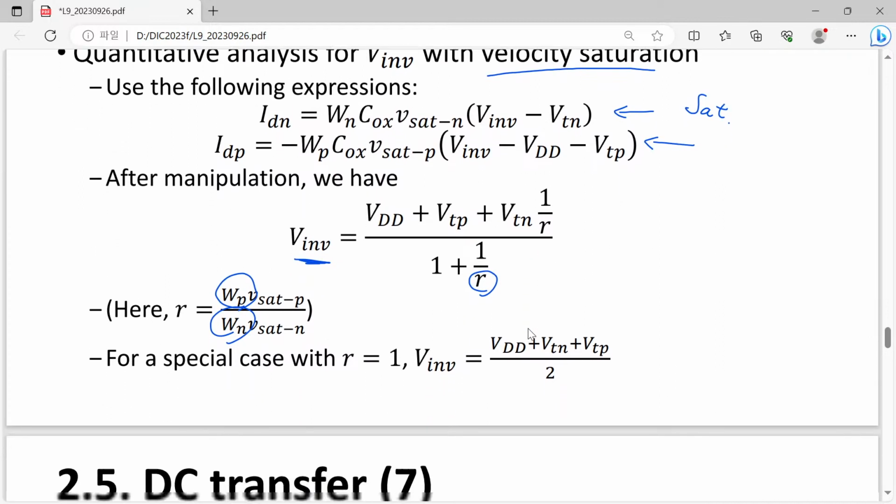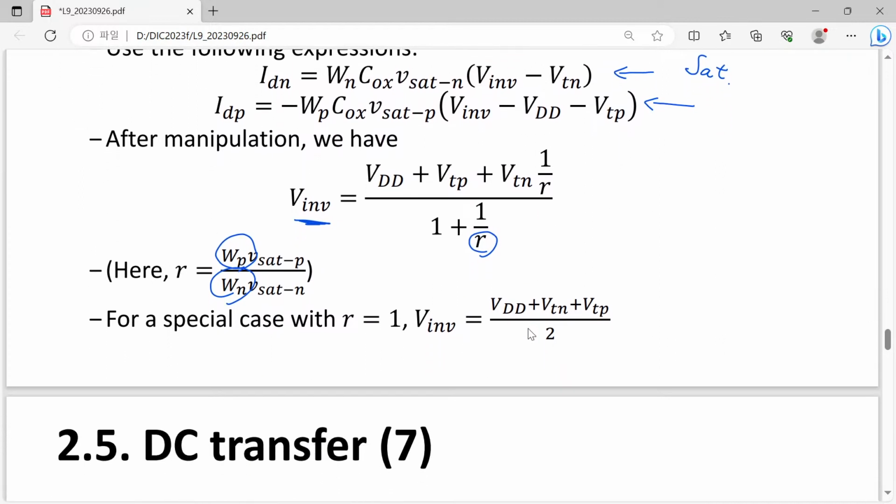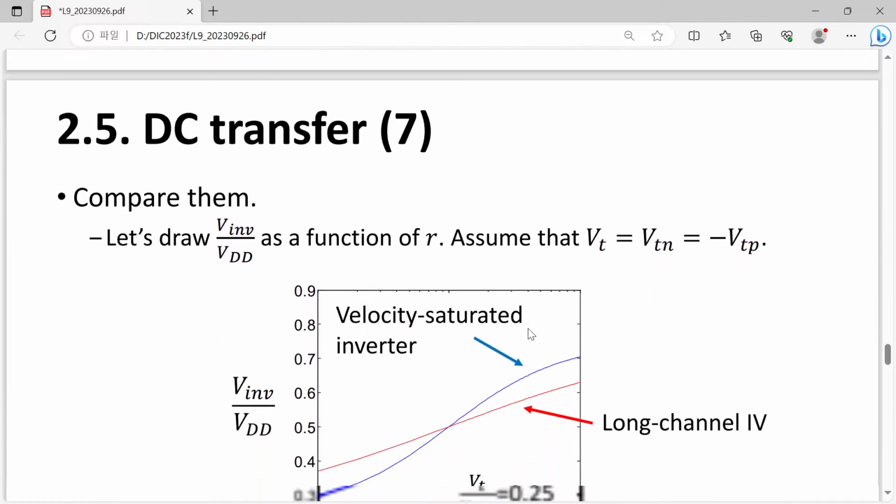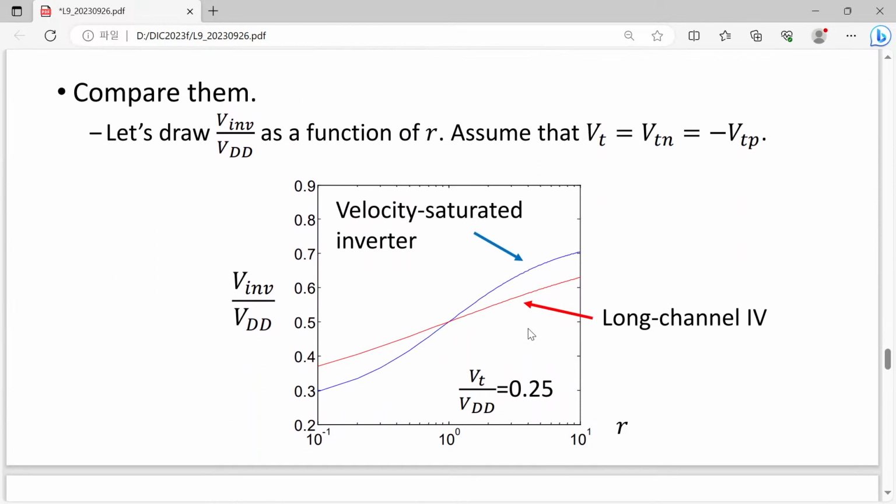Please do your derivation when you come back to your laboratory. Then we can make this kind of comparison. If we have long channel IV characteristics, and let's say NMOSFET and PMOSFET are perfectly balanced, then what will happen? In this case, of course, we will have just half VDD.